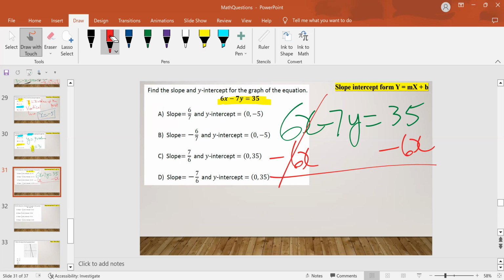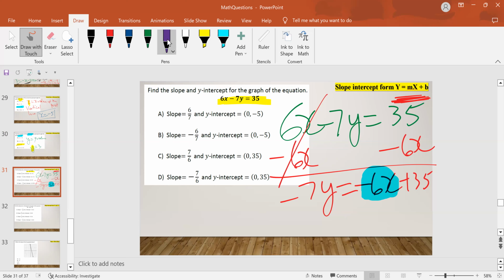This is gone. I have -7y is equal to -6x plus 35. Remember, slope-intercept form is y equals mx plus b. So I need the expression mx, something with x, plus something without x. That's the reason I write the -6x before positive 35.